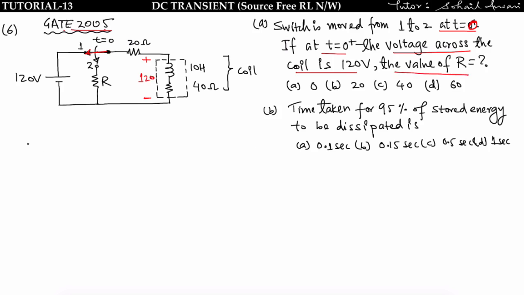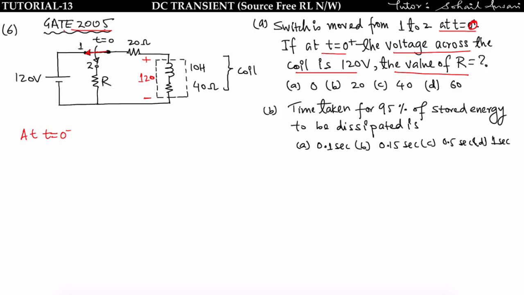Then the value of R is equal to what? In any source free RL circuit, you have to draw the circuit in 3 states: at t = 0 minus, at t = 0 plus, and at t greater than 0 if required. If the question is asking you to find any response for t greater than 0 also, then you have to draw the circuit for t greater than 0. First I will make the circuit at t = 0 minus.